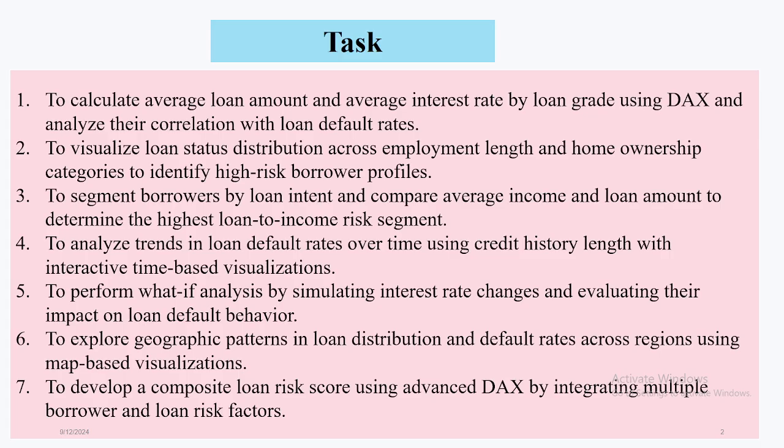We will analyze how the trend of loan default rates varies according to the person's credit history, perform what-if analysis, which is situation based analysis, and geographical analysis, and calculate the risk score. That is the kind of analysis we will do in this presentation.